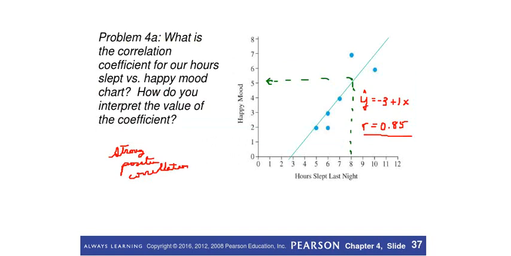But correlation does not mean causation. In other words, the cause of one's happy mood may not have to do with the hours of sleep. It may affect it, right? But it's not necessarily a cause. There may be many causes to one's happy mood, right? So correlation is a way of measuring how closely two variables have to do with each other, but they don't necessarily mean that one causes the other, right?